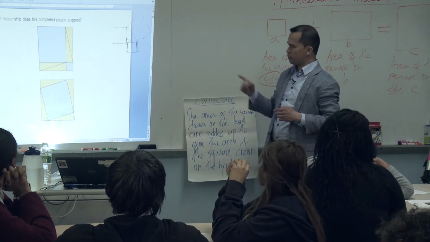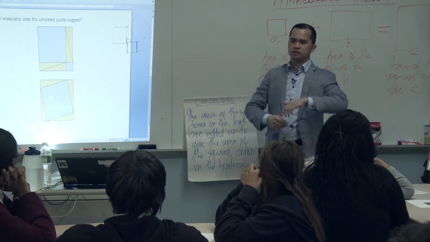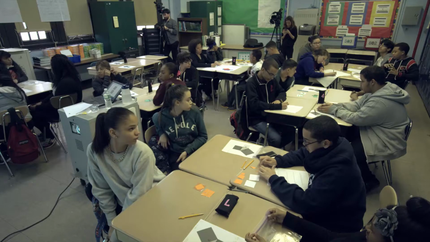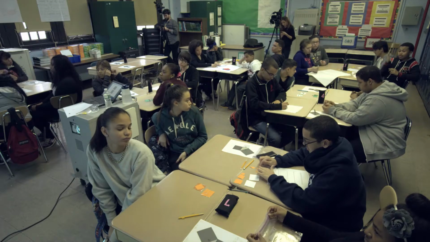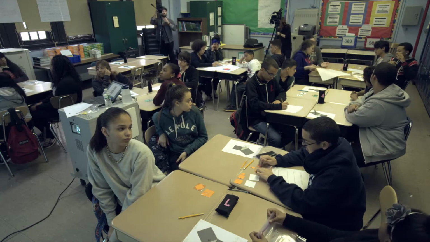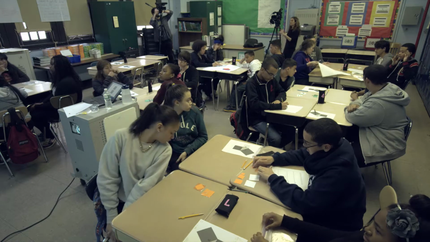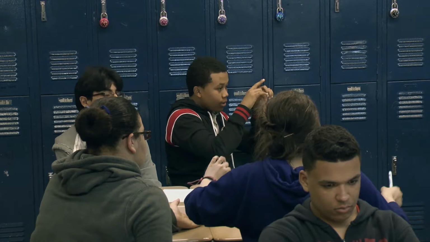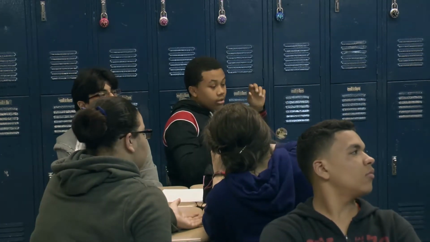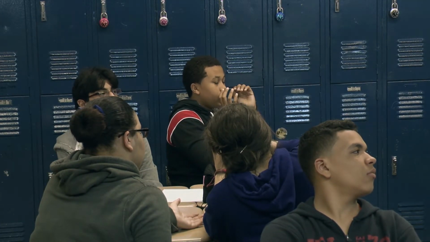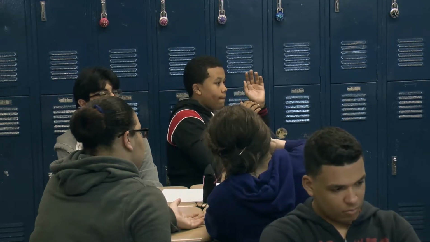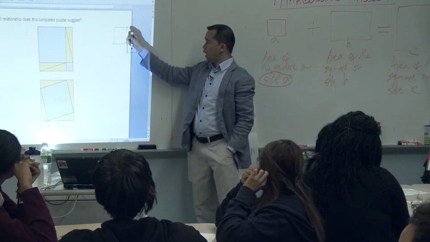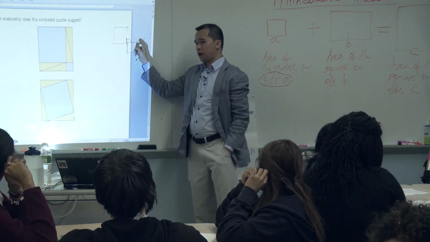Have you found any relationship among the areas of the 3 square pieces, Johan? I noticed that the largest square from side C, you can never put it with squares from side A or side B. It's impossible to complete the entire square by using the square from side C and side A or side B. So you're basically supporting what Michael just said, that the largest square can only match the hypotenuse.